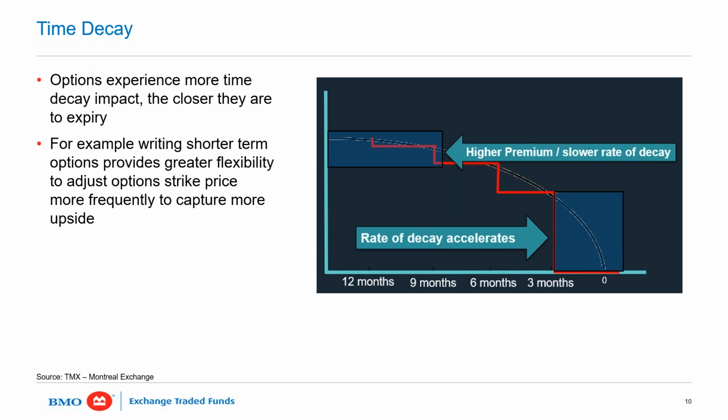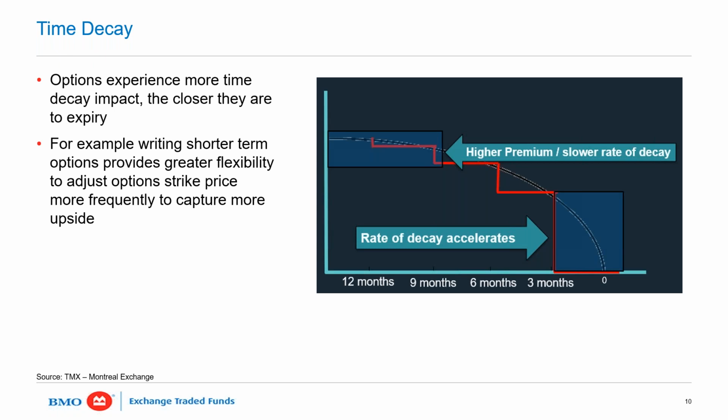But as this chart shows on slide 10, it's not really a linear function. 12 months out, you might have a certain amount of time value, obviously higher than if it was only 1 month away from expiry. But as that option moves day to day, closer to the expiry, you're going to lose a little bit of that time value. And that's what we're referring to as time decay.